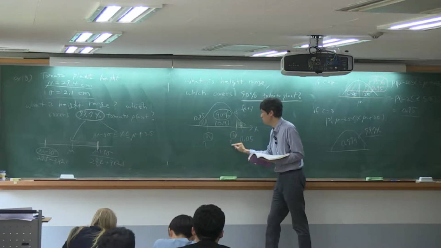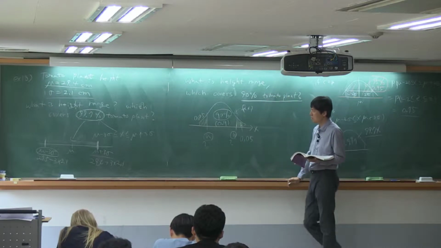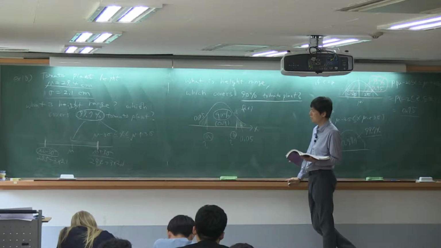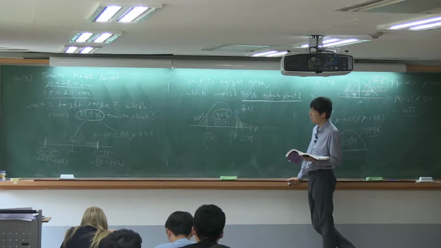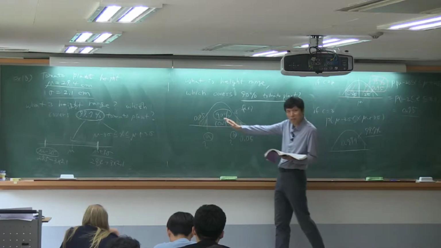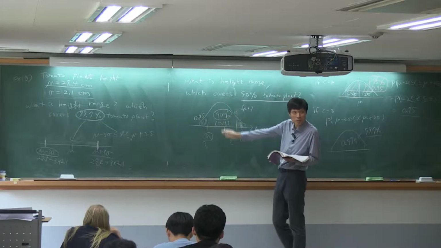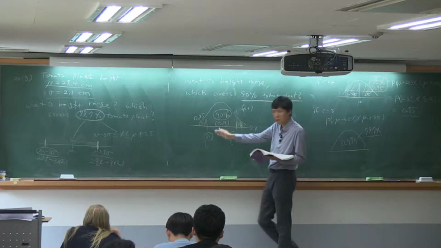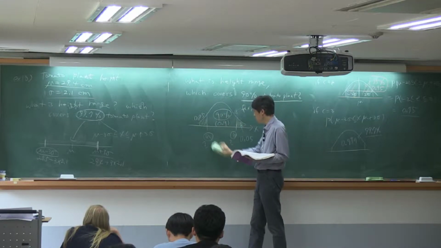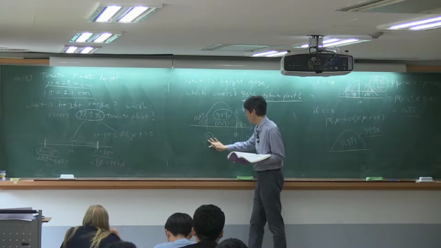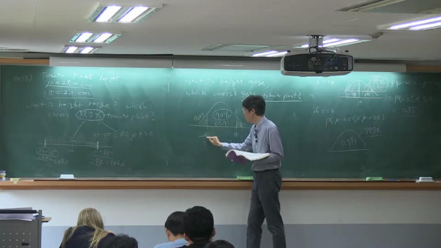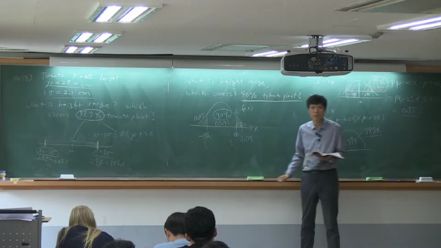What is B? Because this is symmetric, if this is A, then this is minus A. Then what is A?